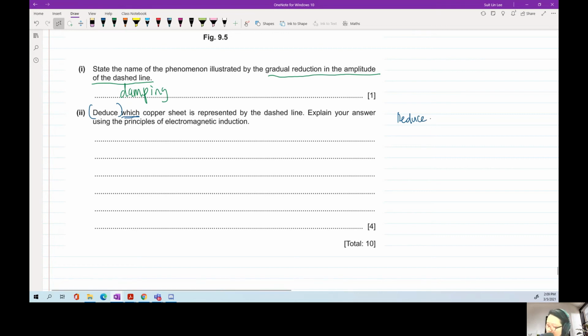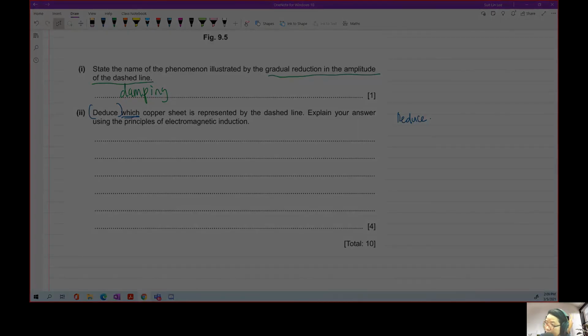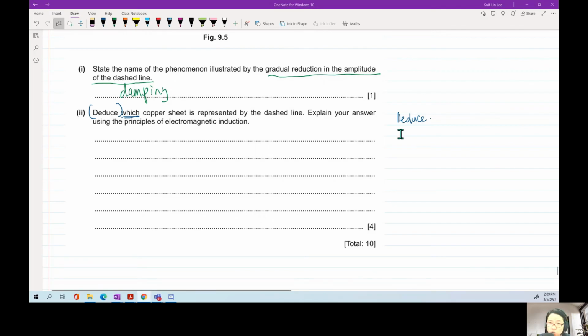Okay, let me ask my good friend Google. Hi Google, what is deduce? It says here, arrive at a conclusion by reasoning. So you need to reason out.